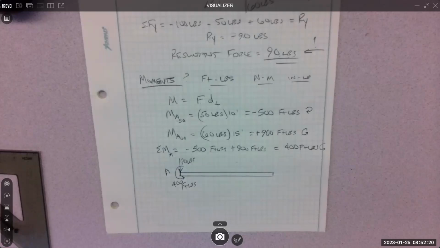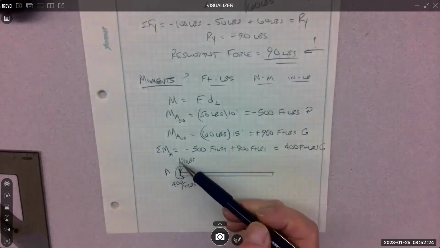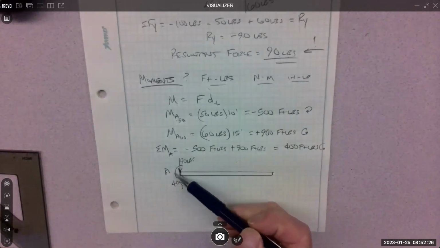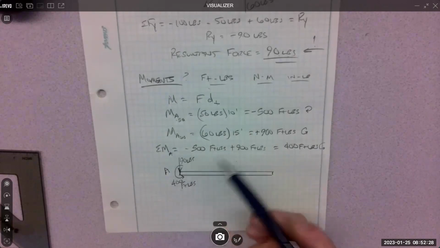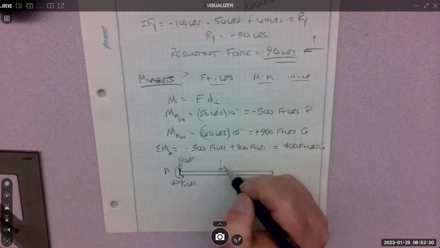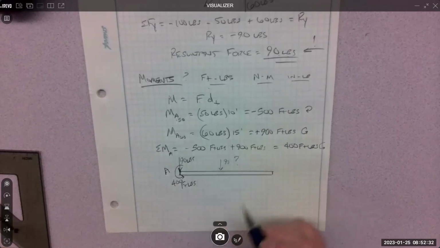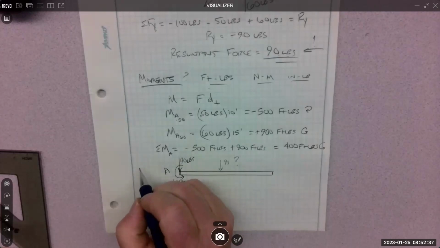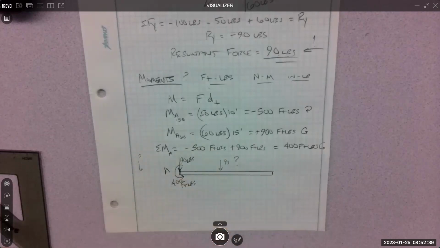Okay. And what I need to know is the 90 is not here. The 90 pounds is not at A, the rotation's at A. The 90 pounds is really out here somewhere. Or it's actually out here somewhere. It doesn't have to be on the object. That's super weird, just saying. I get it.